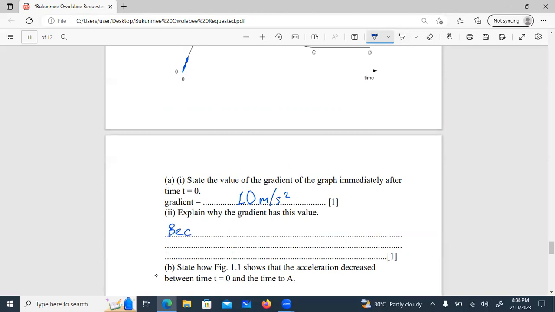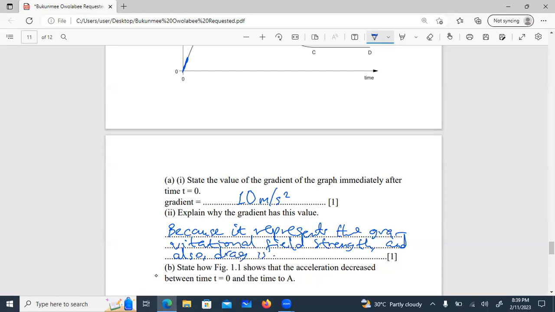Because it represents the gravitational field strength, and also drag is equal to 0 because the speed is very low.